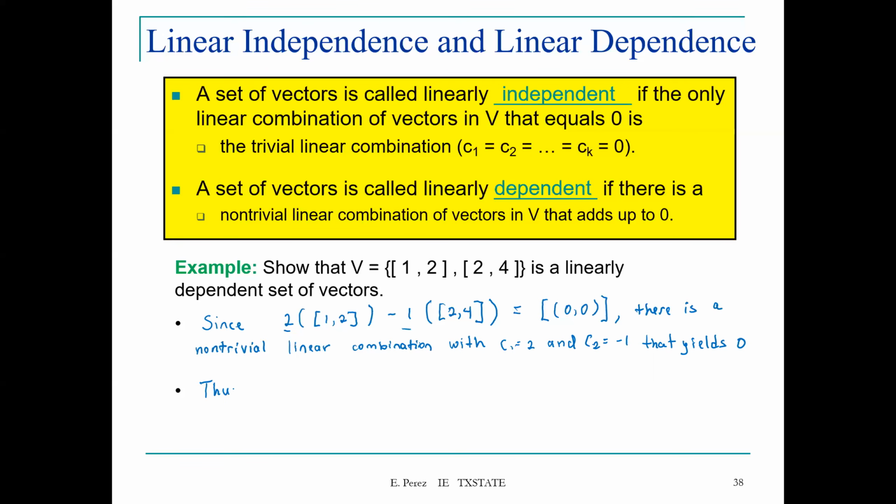Thus, V is a linearly dependent set of vectors.